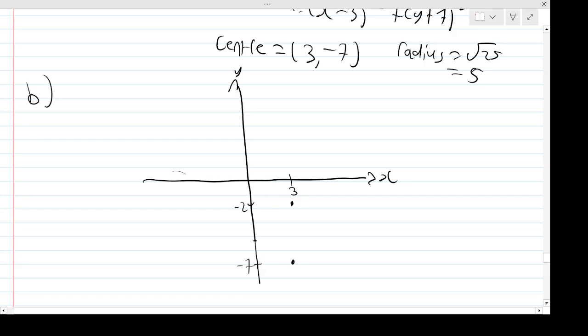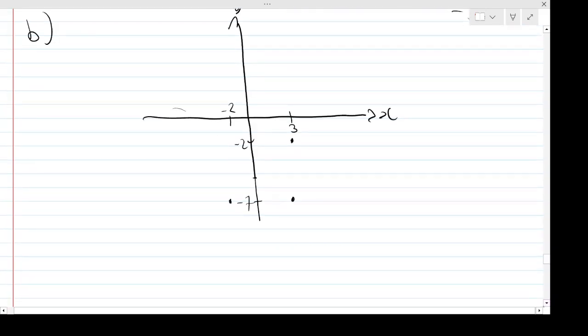Then if we go to the furthest left point, if we go 5 units left, because that's the radius, from 3 it would go to minus 2, okay? So if minus 2 is there, another point on the edge would be there that I have to cross through, and then we can use symmetry to work out where the other points are, say here and here. And then if we draw a circle past those 4 points outside, we get this.